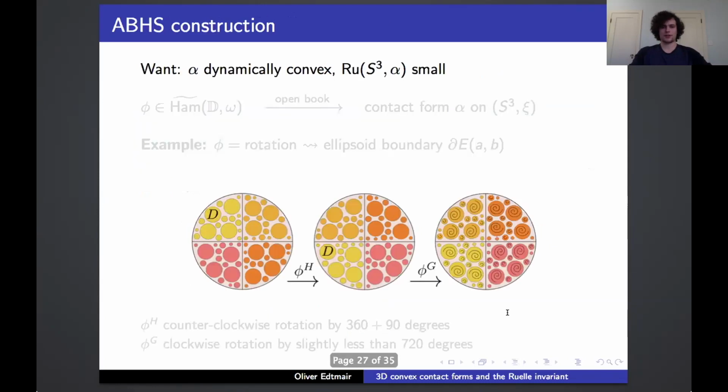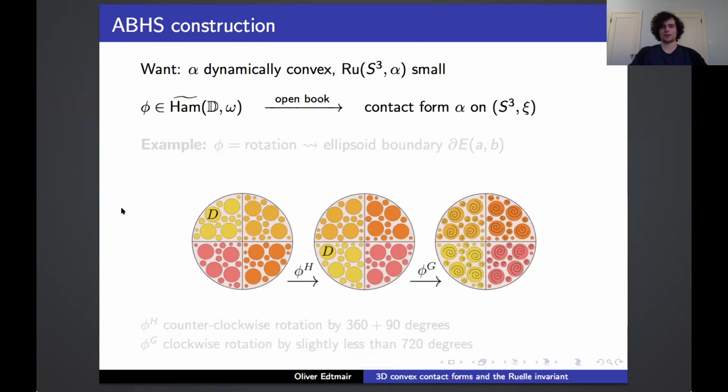Let me now come to the construction part. So I recall that we want to have a dynamically convex contact form with very small Ruelle invariants, such that it violates the bound for convex contact forms. And here we use a variant of a construction due to Abreu, Macarini, and Salomão. So that's an open book construction.